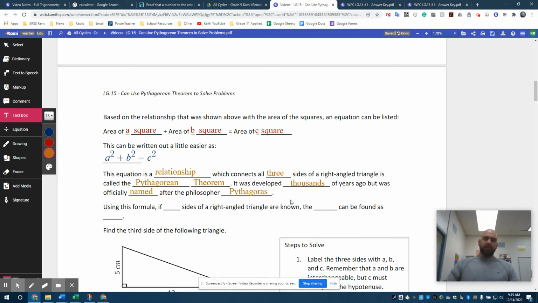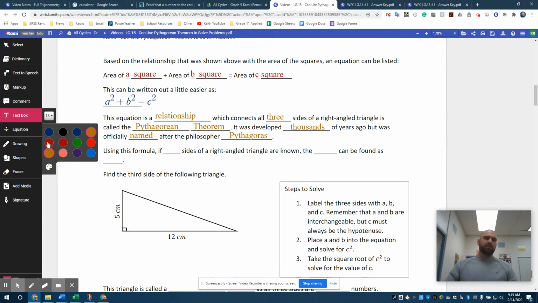So we've known this theorem as the Pythagorean theorem for the last couple thousand years, but it's been known for even longer before that, even before Pythagoras was around.